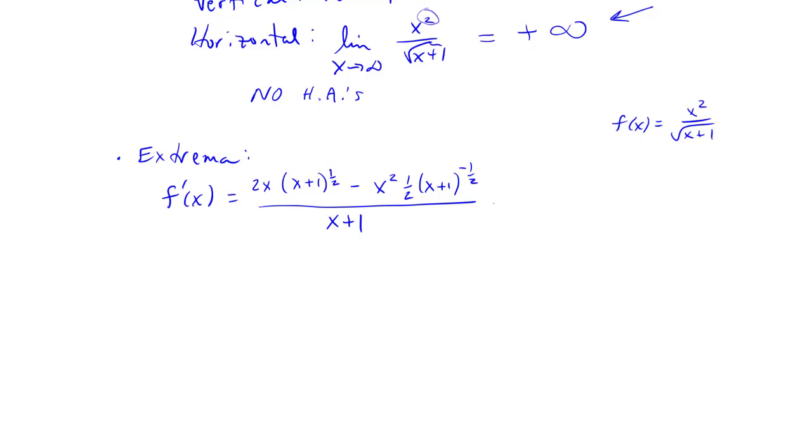Okay, if I work with this a little bit, I can see that I have 2x, let me go back to the square root notation for a minute, minus x squared over 2 square root of x plus 1, all over x plus 1.